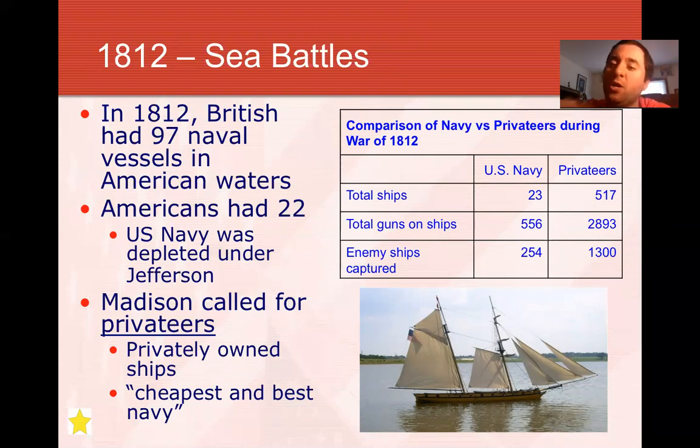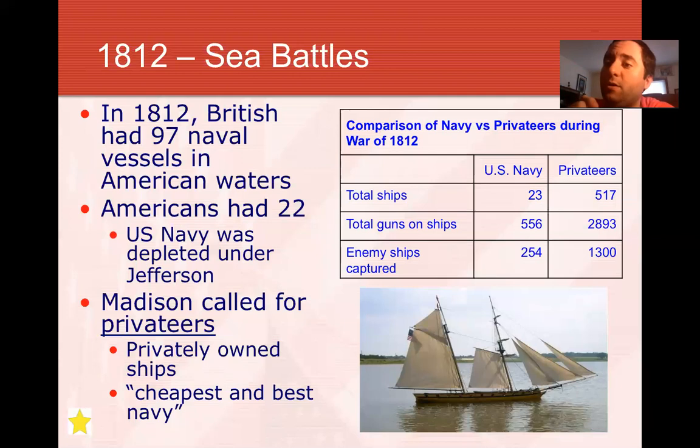You have almost 500 more than what the U.S. has. Total guns on ships, for protection: the U.S. Navy has 556, so a little over 550. Privateers have close to 3,000, 2,893.